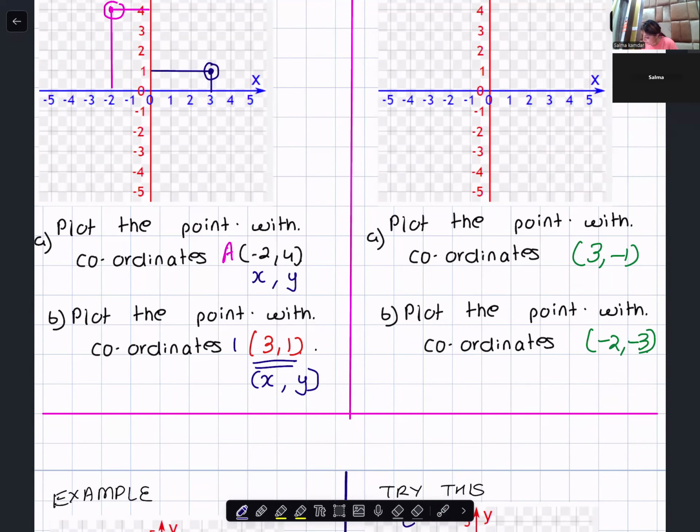I would name this point as point B. Now you can try the next one. You can pause the video and try the next one.